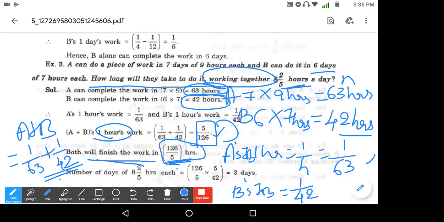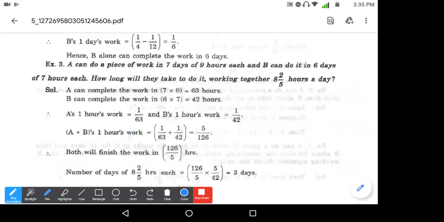Firstly, I hope you all understood until 126 by 5 hours. 63 is the total number of hours required by A, 42 is the total number of hours required by B. In 1 hour, A is able to complete 1 by 63 of the job, and B is able to complete 1 by 42 of the job. Now, if they work together, they are able to complete 5 by 126 of the job. So both will be finishing the work in 126 by 5.